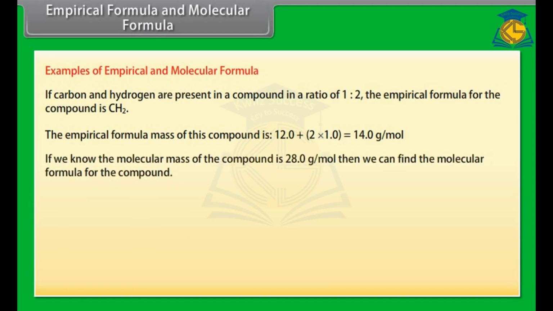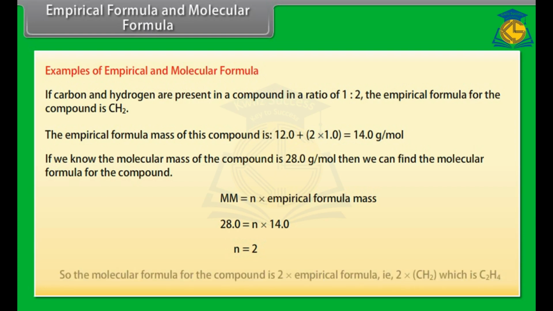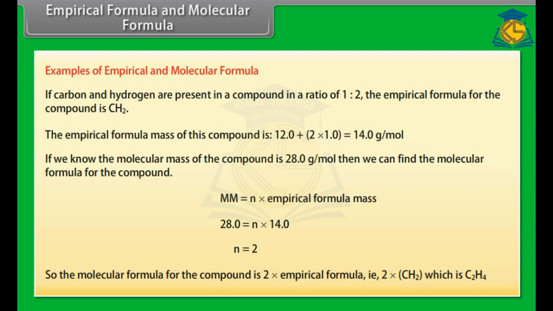If we know the molecular mass of the compound is 28.0 g per mole, then we can find the molecular formula for the compound. Mm is equal to n × empirical formula mass. 28.0 is equal to n × 14.0. So n is equal to 2. So the molecular formula for the compound is 2 × empirical formula, that is 2 × CH2, which is C2H4.